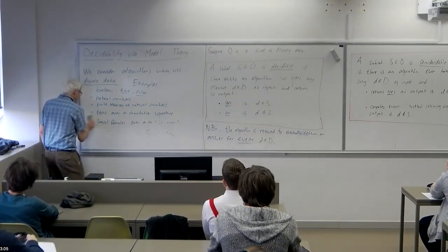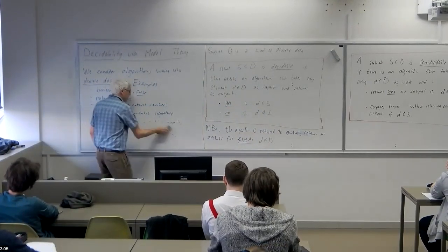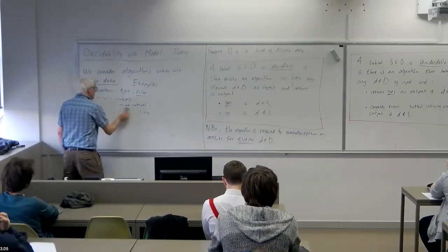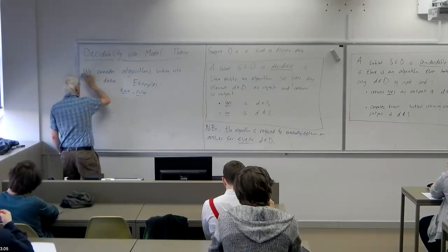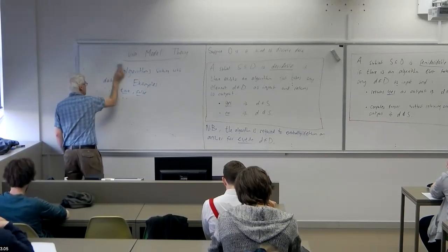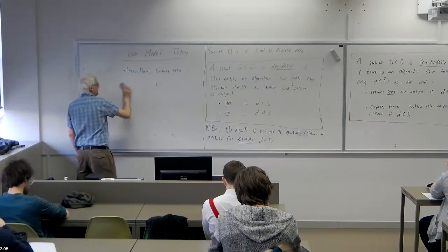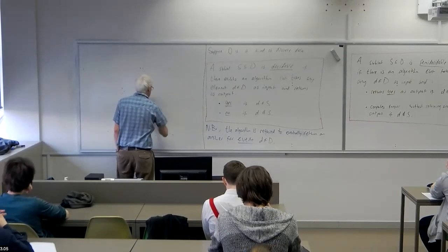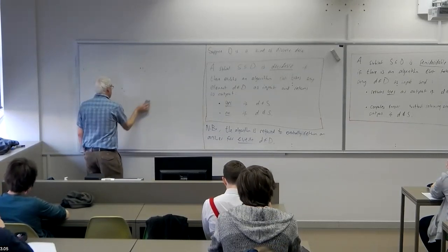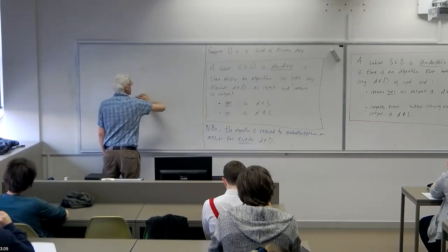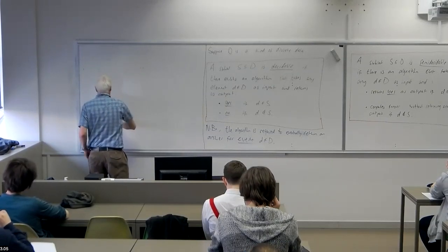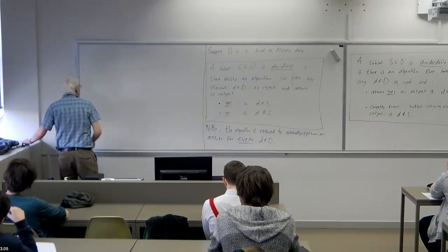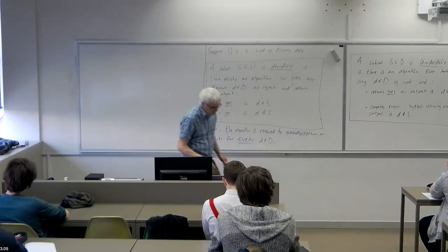To establish that a set is decidable, it's not enough to establish that it's semi-decidable, but it is enough to establish that both it and its complement are semi-decidable. In fact, that's equivalent to decidability.